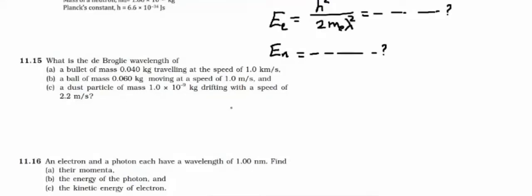Convert the quantities into SI units and you have the formula: de Broglie wavelength lambda is equal to h divided by mv. Mass and velocity are given in the question so that de Broglie wavelength can be calculated. The same can be repeated for part B and part C by substituting respective mass and velocities.